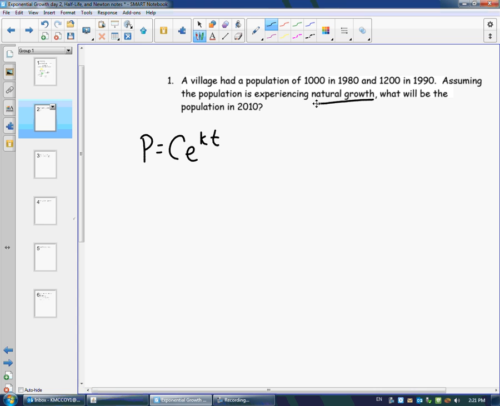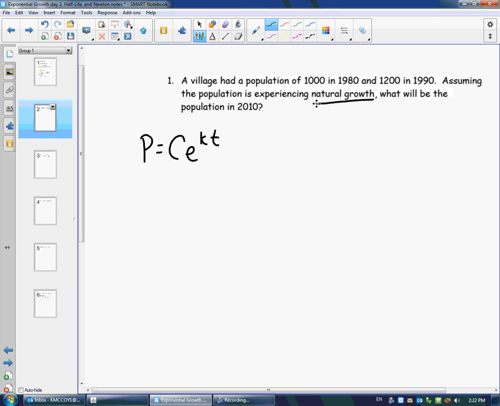Because it says natural growth, we can go straight to that equation. We don't have to worry about solving the differential equation. What we do, however, have to do is get C and K.